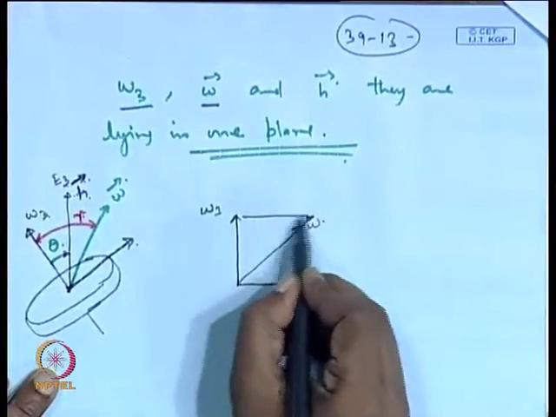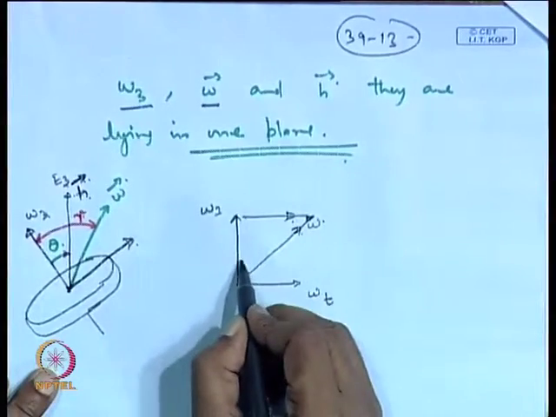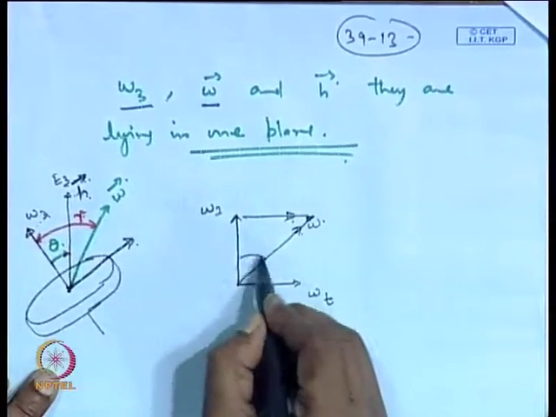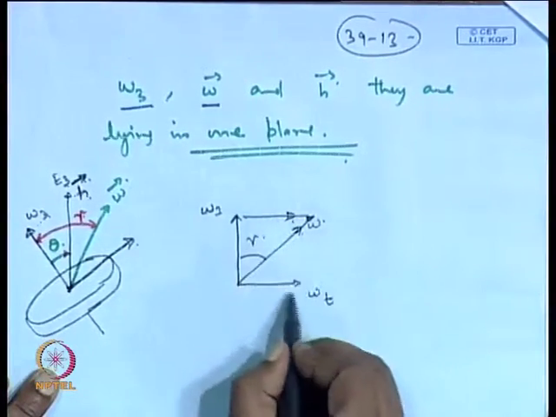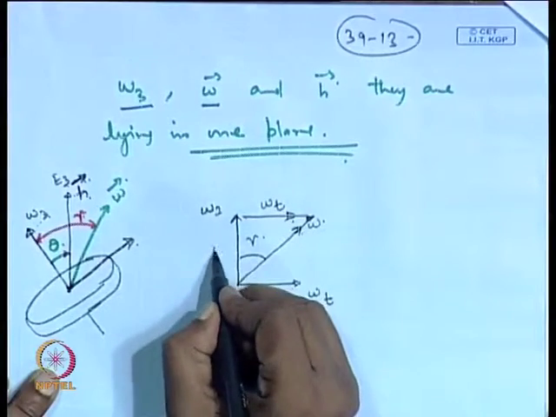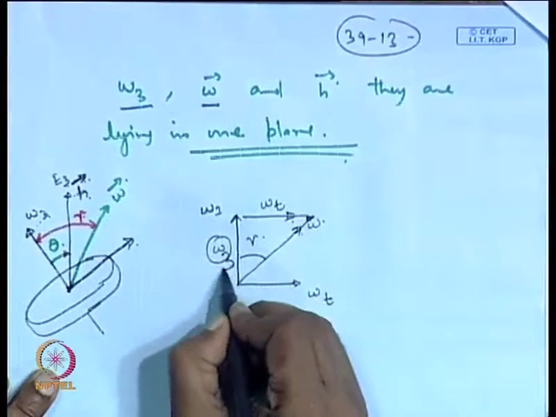So, you can see from this place, and this angle between omega 3 and omega we are showing as gamma, and this is the component we can show as omega t, and this is the component we can show as omega 3.